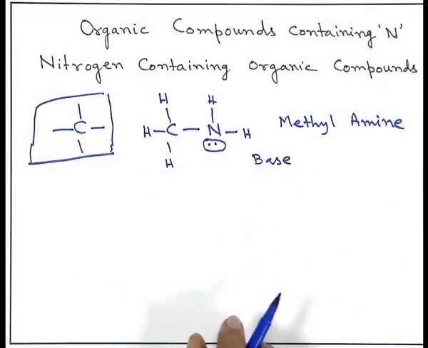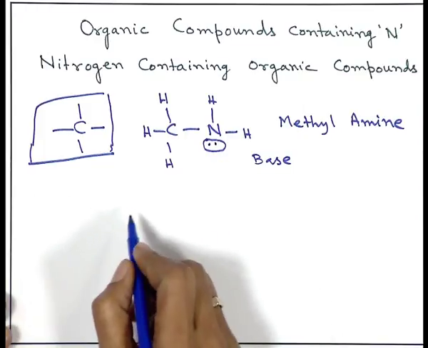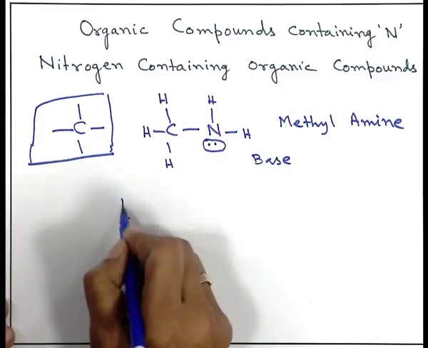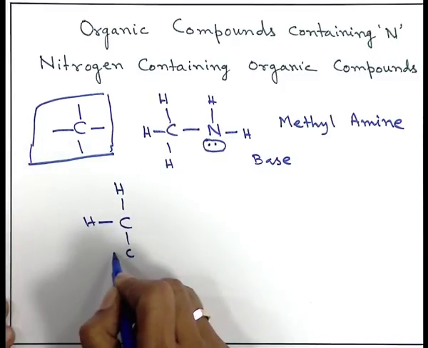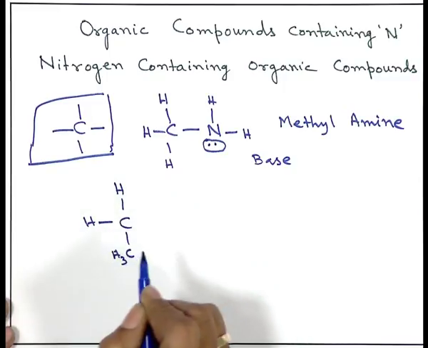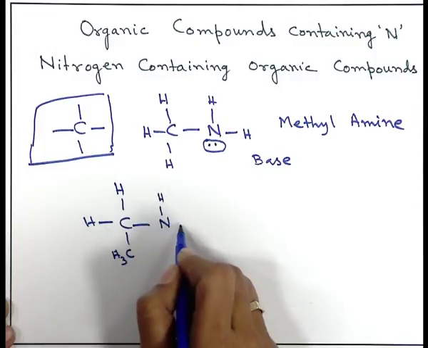And then the question comes, if I substitute some other hydrogen atom with the methyl group, then what will happen? Say, keeping the two hydrogens intact, I put one methyl group instead of hydrogen, and then the hydrogen atom over here.